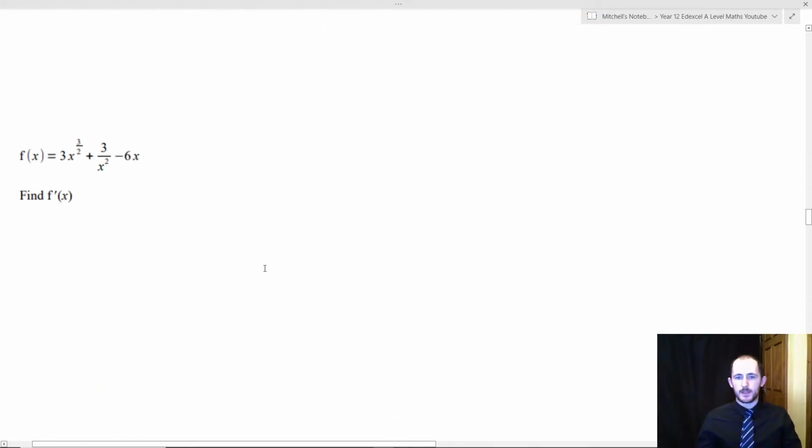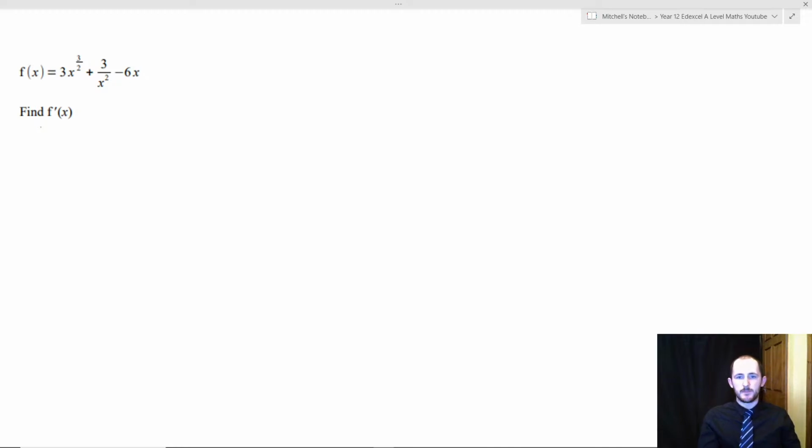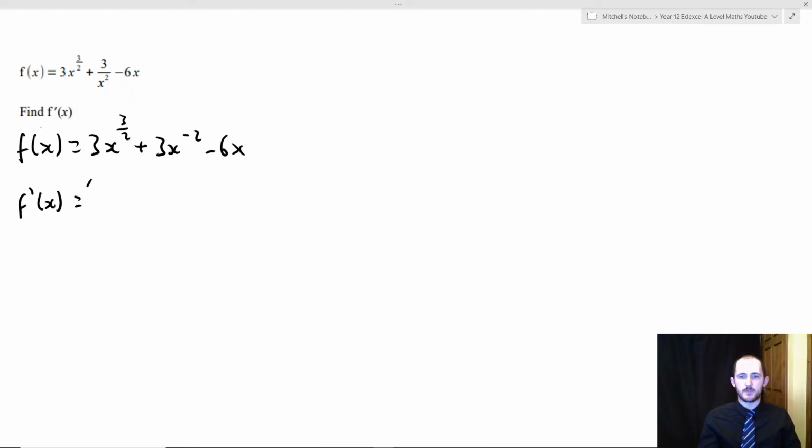Perfect. So again, the other kind of notation that they can give you is f of x, right? It's fairly common. So in this case, what we're going to do is once again bring those powers to the top. Now what they mean by f prime x, that's what that little apostrophe means, is the exact same as just doing dy by dx. Okay?